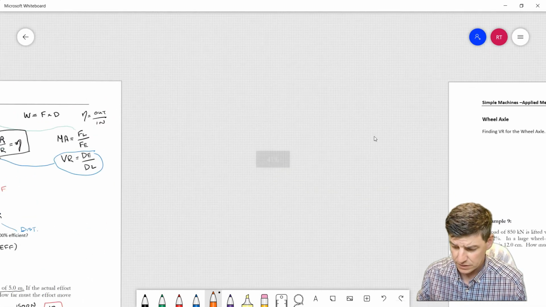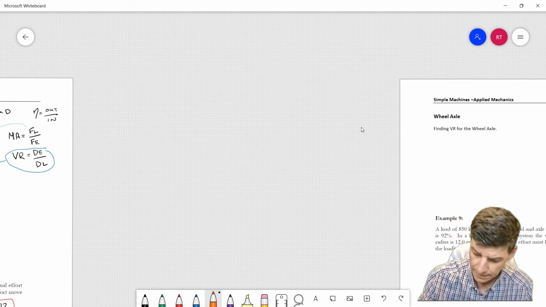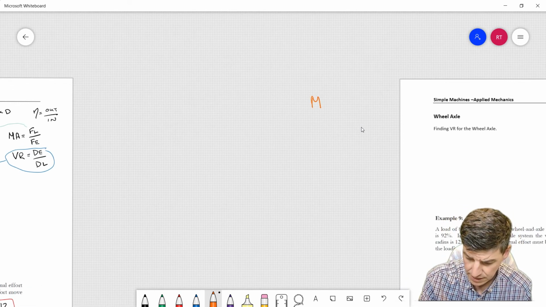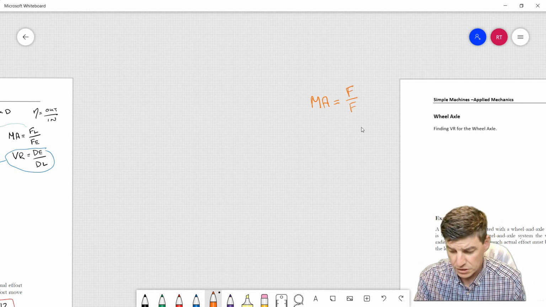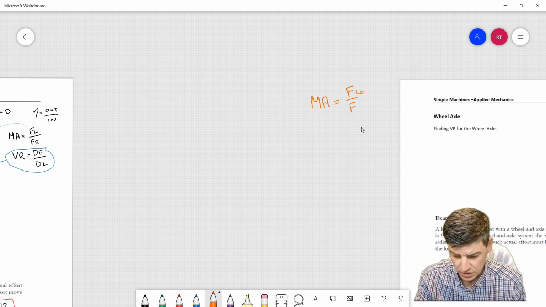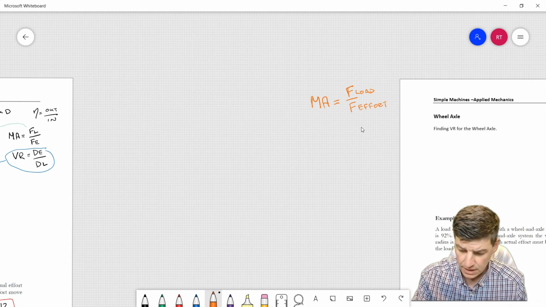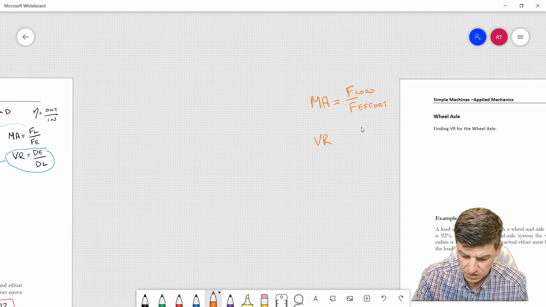First of all, what we learned were a couple of terms. So we had MA, which was a ratio of forces, larger compared to the small, so the force of my load compared to the force of my effort. I also had VR, which was a measure of the machine's geometry.